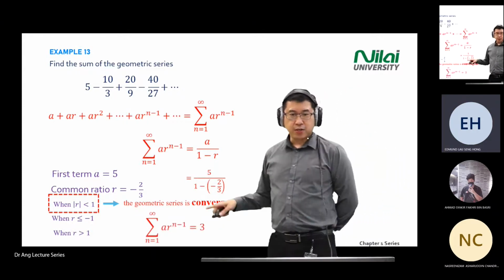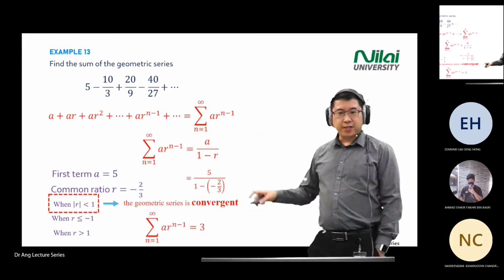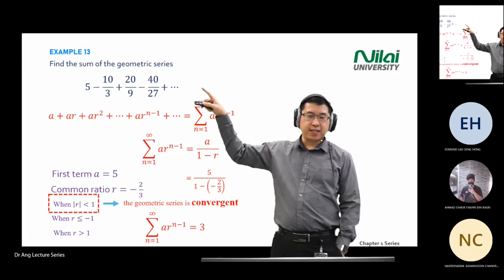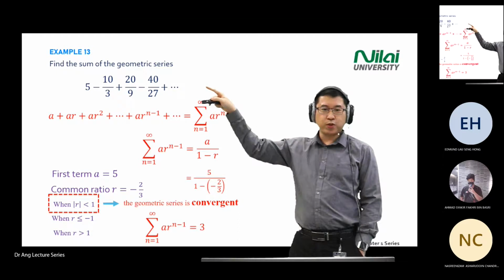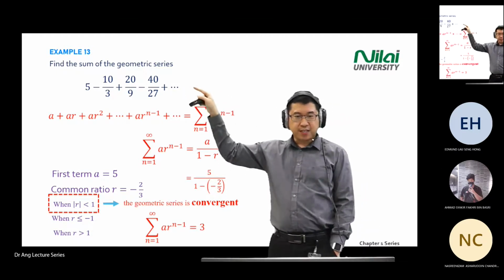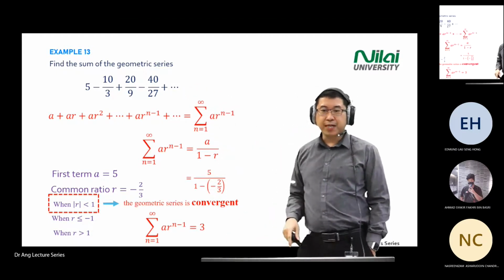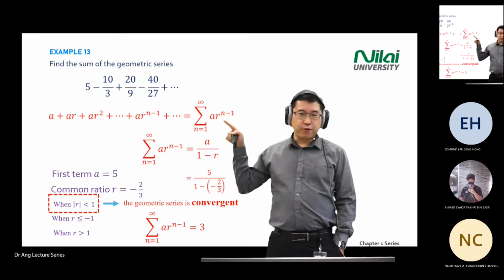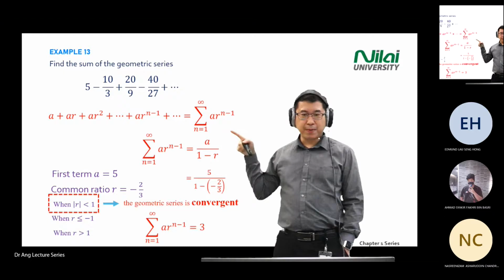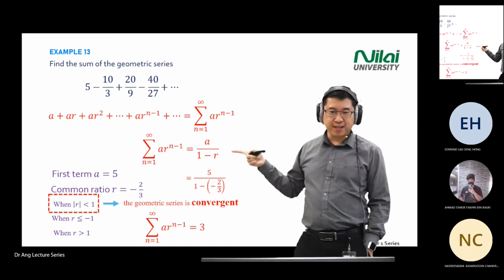So, how do I mark the answer if this kind of question comes out in a test? Okay, this one won't come out in the final exam because this one is too easy already. So if this comes out in your test, or sometimes I give you a quiz to solve, this gives you 1 mark, this one gives you 1 mark. Basically, 2 marks are free marks.